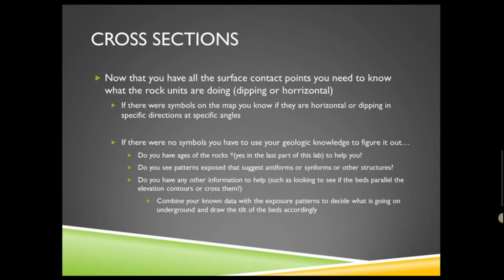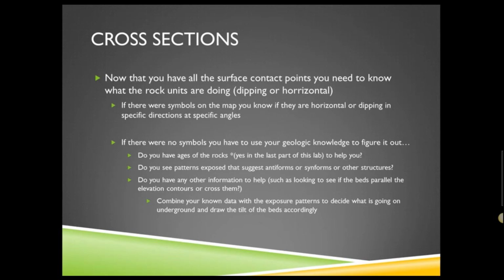In part 3 of this lab, you don't have dip symbols. You have ages of the rock that have been determined and given to you, labeled. Those are the letters on the different rock units. And so that'll tell you what's older and what's younger if you look at a geologic time scale. And you see a surface pattern.